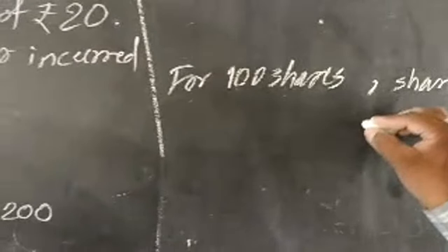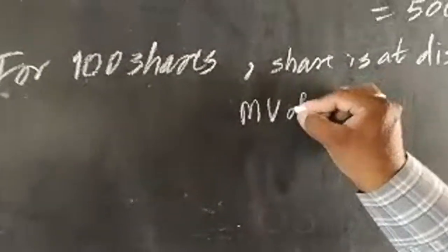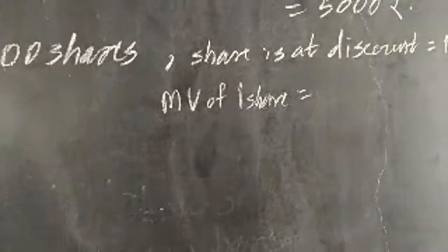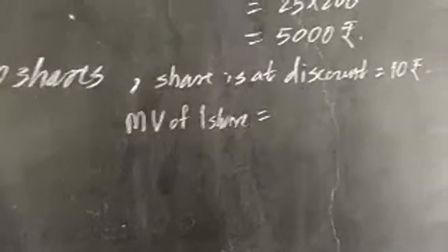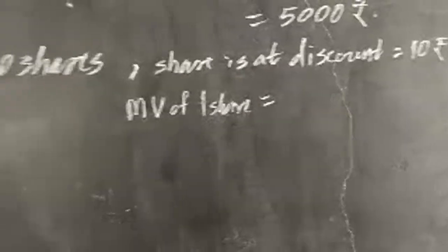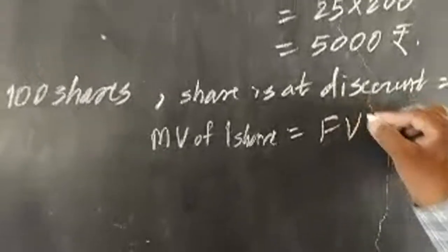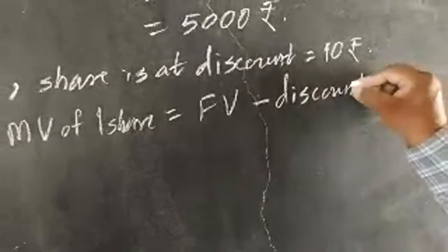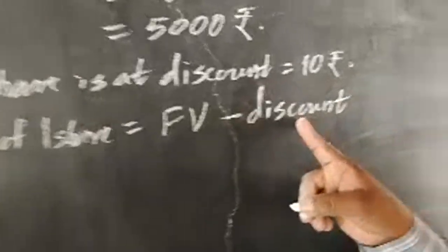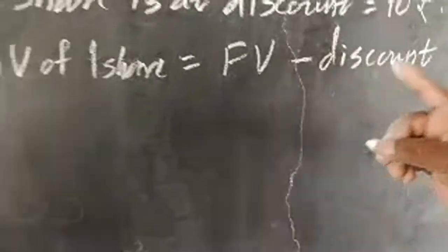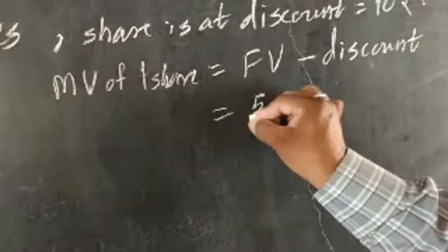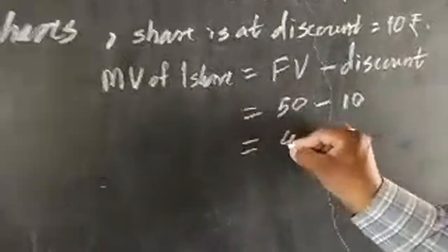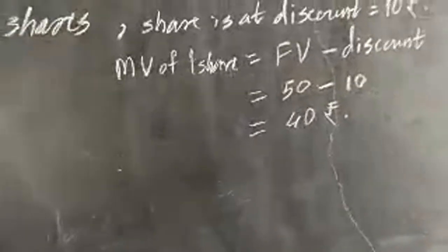Here we find out the market value of one share is equal to face value minus discount. Discount means that the amount reduces. So it is 50 minus discount 10, which is equal to 40 rupees.